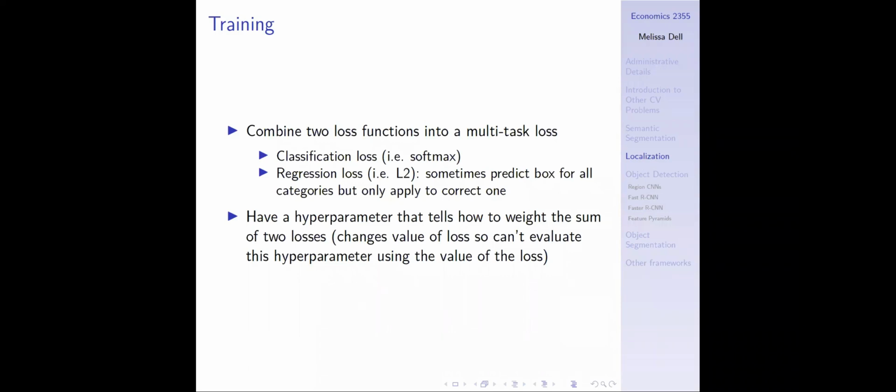So very straightforward. The only thing to note here is that, remember a few minutes ago when we were talking about how to evaluate different combinations of hyperparameters, we said you could look at what your loss is. You don't want to do that here because changing this hyperparameter is going to change the scale of your loss. You need to look at accuracy or something else to evaluate what this hyperparameter should be.